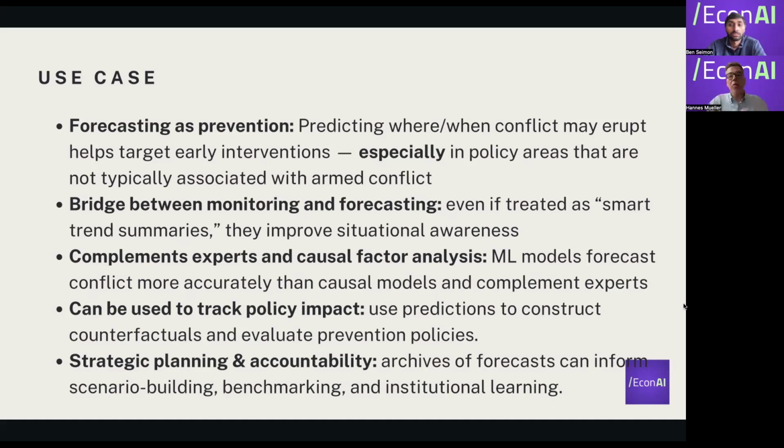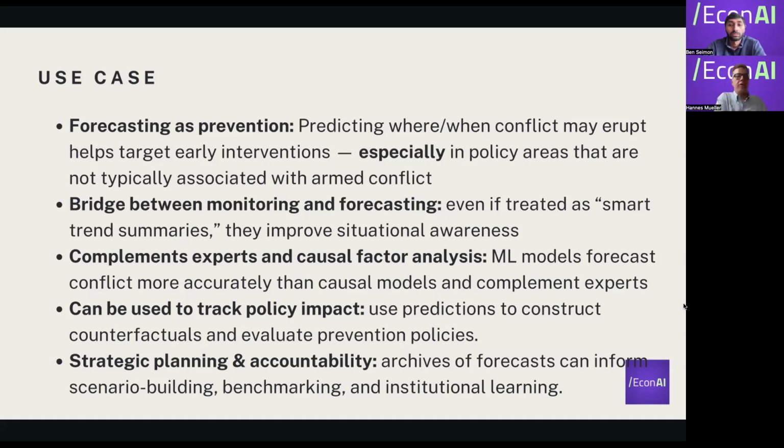You can also think about the policy impact, so it's the fourth point now, and build a counterfactual of a region that had similar conflict risks and is now de-escalating thanks to what you did there, right?